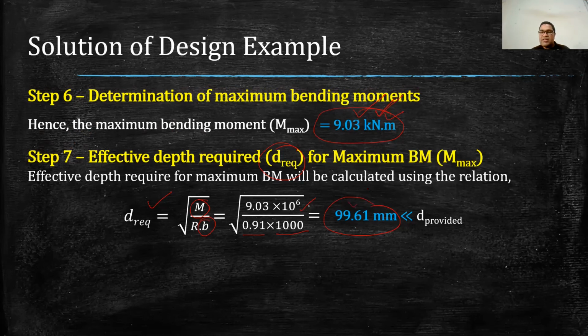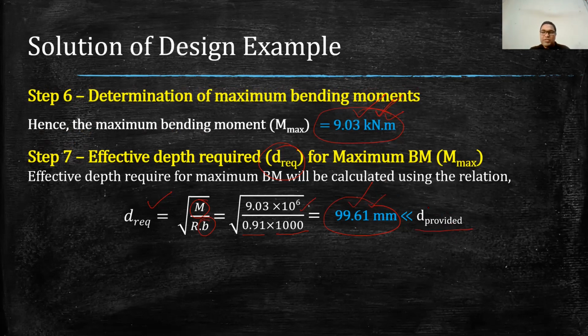So this is the maximum bending moment, and for this maximum bending moment, the minimum depth required for our slab is only 99.61, while we have provided 166 as D provided, which you can see is way more than this required value, which means we have excessively provided the depth here. So that is why I have written here that it is very much less than D provided that we have calculated in step 2.